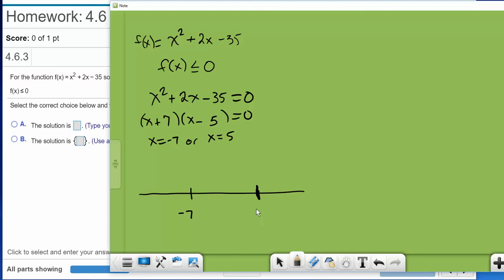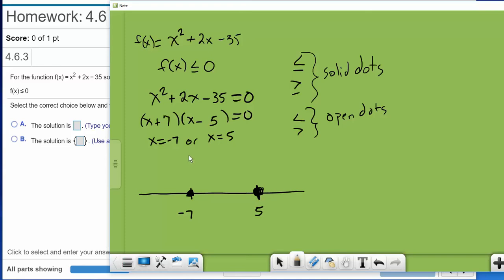So what I was referring to as my critical values. And for less than or equal to, greater than or equal to, we're going to use solid dots. And for less than, greater than, we're going to use open dots. So let's see, these have the equal to, so that's the solid dots.